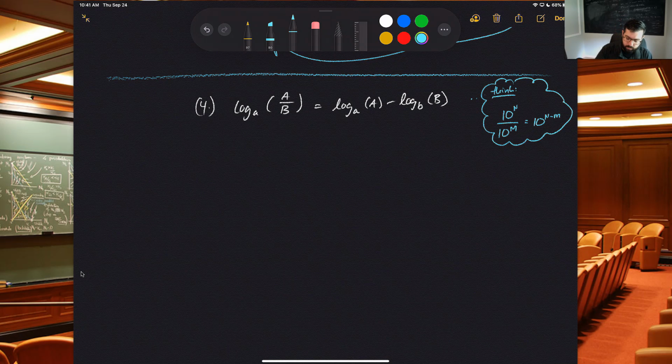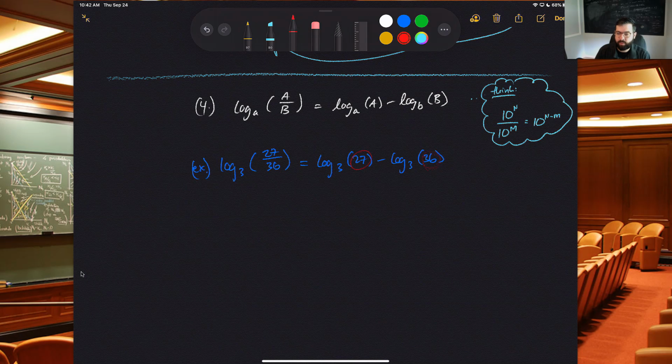So let's look at an example how this works out in practice. So say I had log base 3 of 27 over 36. How could I break this down? Well, I'd start by saying, okay, this is equal to log base 3 of 27 minus log base 3 of 36. And for each of these, this is supposed to represent the power of 3 that gets you 27, and the power of 3 that gets you 36.